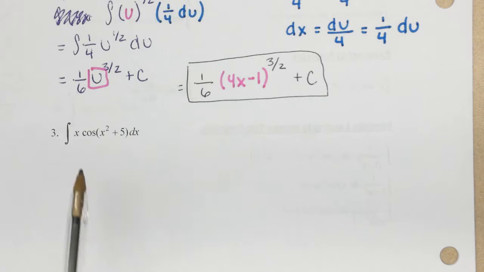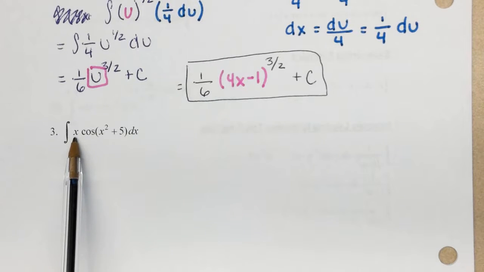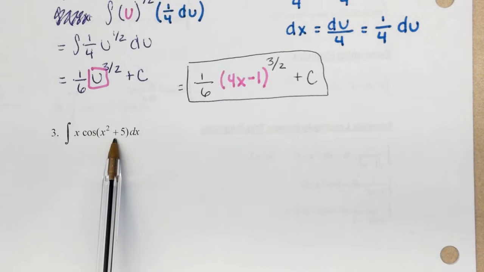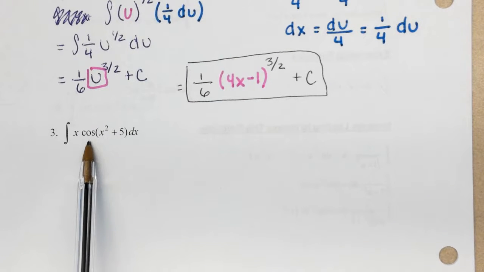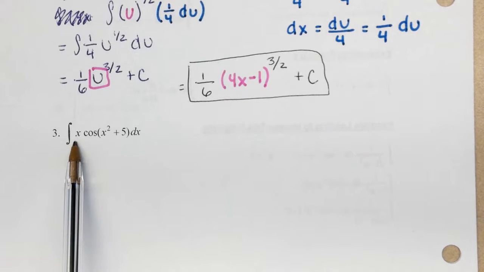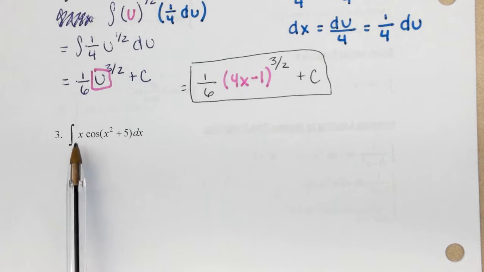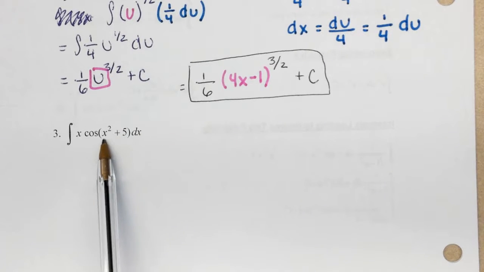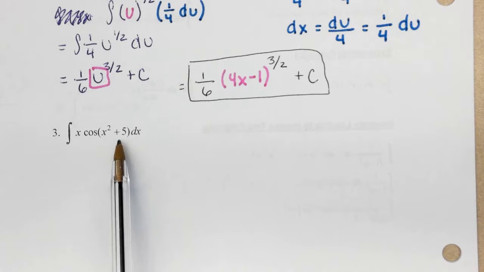cancel out the other. So, for example, if I take the derivative of x, I get 1. That doesn't help me get rid of the x squared plus 5 or the cosine. So that would not be a useful function to make u. Cosine would not be useful either because it's the outside function of the x squared plus 5.